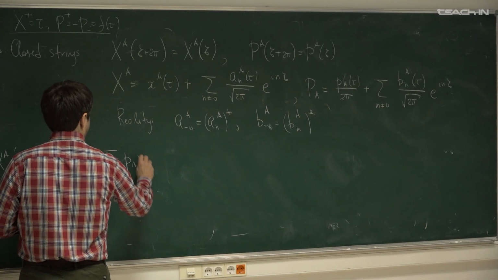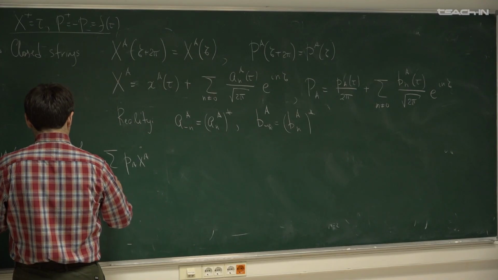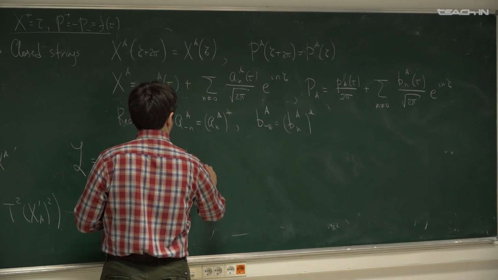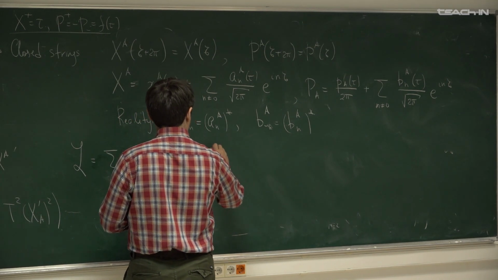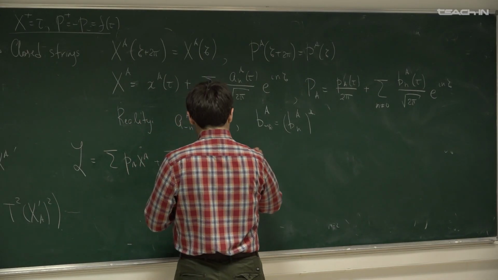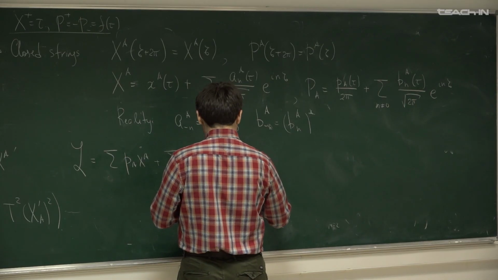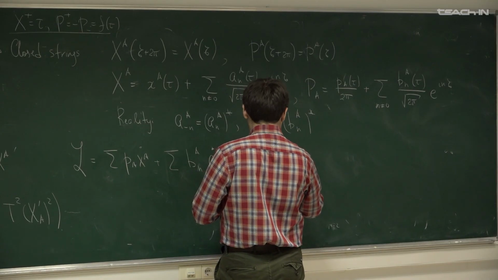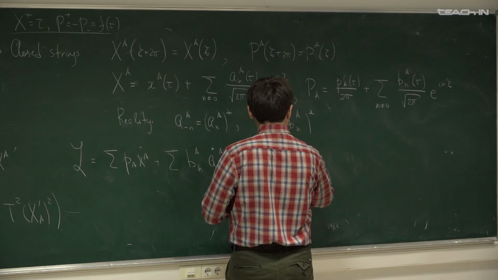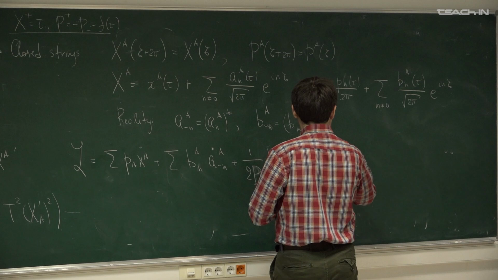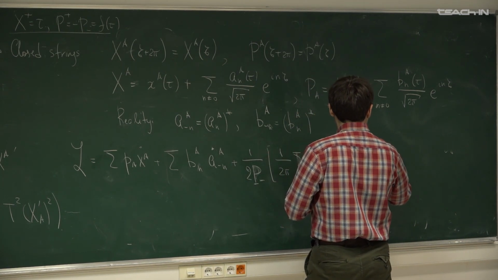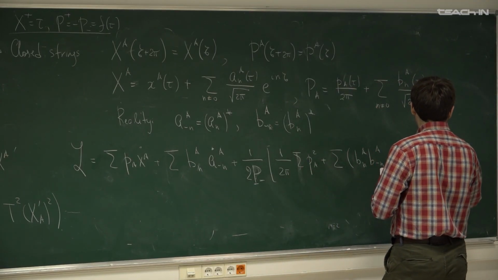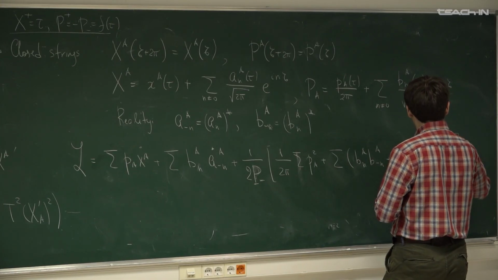So it's p_A x^A dot, plus the sum, I hope it's clear what the sums are, of b_n^A a_{-n}^A dot, plus 1 over 2 pi times p_A squared, and so on.